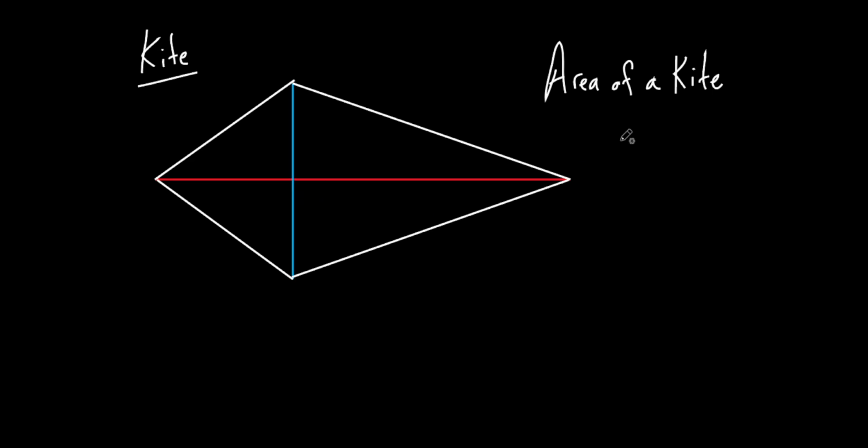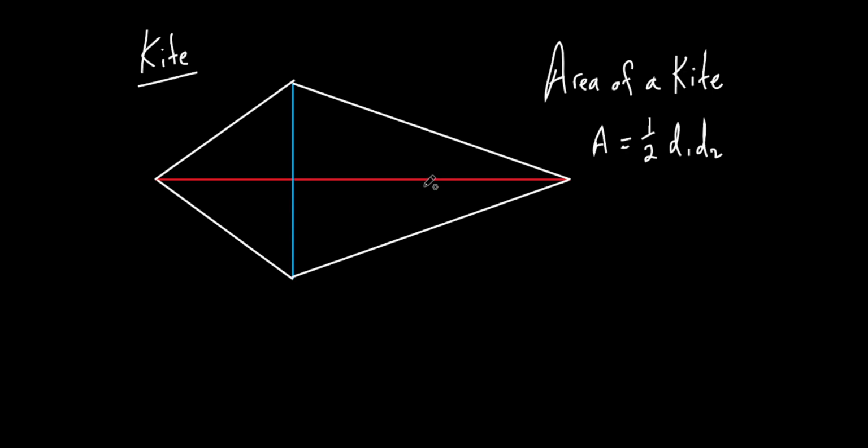And so here it is. It's very, very simple. It starts off like the trapezoid and the triangle do. So what is that? It starts off with that 1/2. And then watch this. This is really easy. Remember, the red one is called diagonal 1. The blue one is diagonal 2. All you do is multiply the two diagonals together.